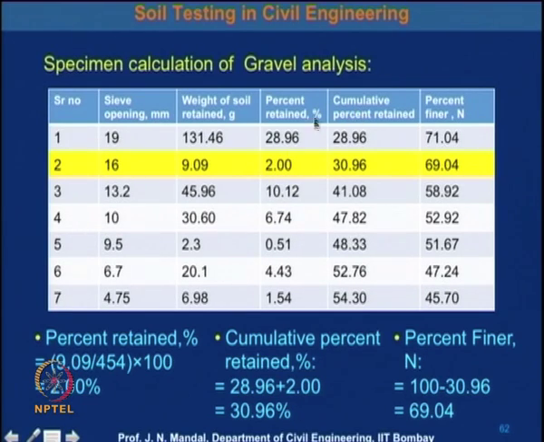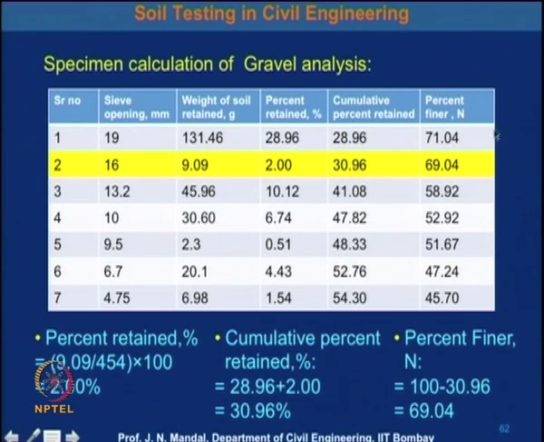Now, you have to calculate the cumulative percentage retained. Here it is 28.96 plus this 2%. If you add, it will give 30.96%. So, this is the cumulative percentage retained, 30.96%.